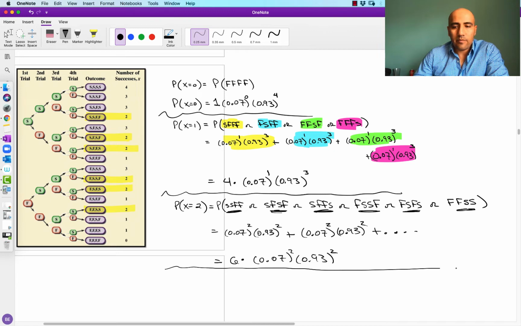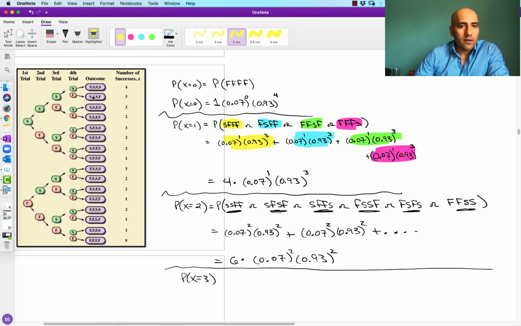Now let's look at the probability that x equals 3, that there are 3 successes. Again, if we come back over here and we count them, there's 3 successes, SSSF, or there's this one, or this one, or this one. That's it.